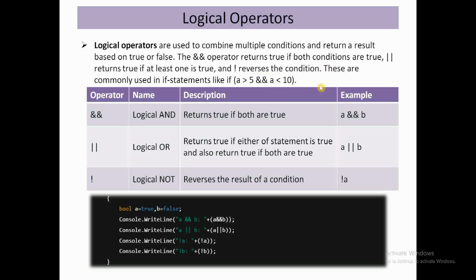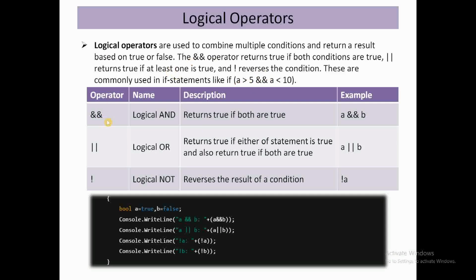Logical operators perform on two variables. Suppose we have two conditions like a is greater than 5 and a is less than 10, and we apply these operators like and, or, not. So these are the operators which we apply on multiple variables, you can say.